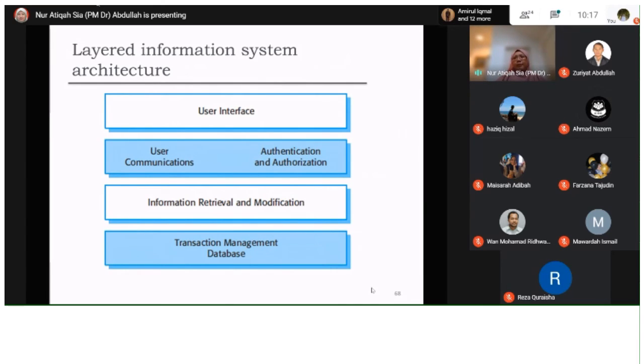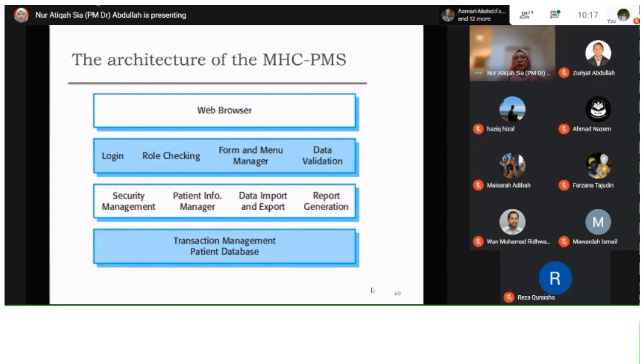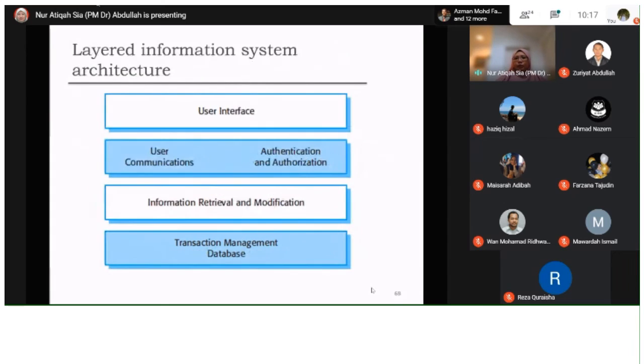Still is application architecture. Okay. Belakang dia adalah layered. Dia gunakan layered. Ini adalah satu information system. Tapi dia guna pakai pattern dia adalah layered. Ini adalah information system architecture. Tapi dia guna pakai pattern layered.